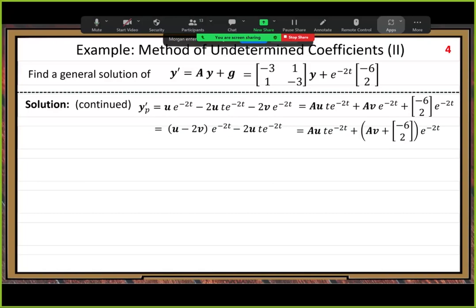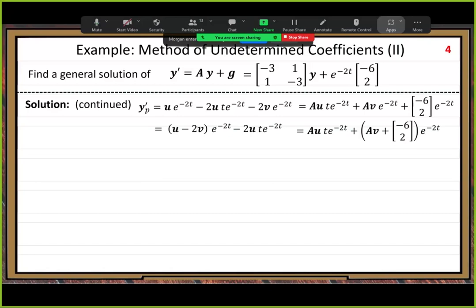They should be the same, so the t times e function, this term, should be the same, and the e to the negative 2t term also should be the same.